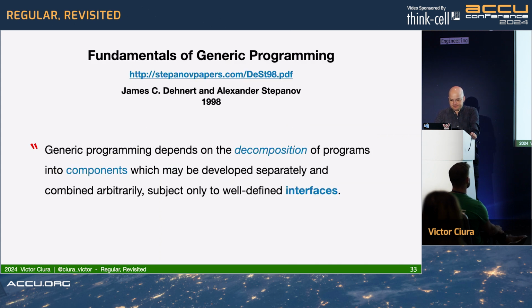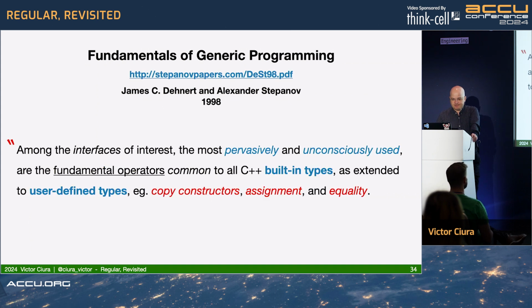So again, this is the original 98 Stepanov paper. I'm going to extract just a few bits. I'm sure you're not going to run away from here and go read it. So generic programming depends on the decomposition of programs into components, which may be developed separately and combined subject to well-defined interfaces.